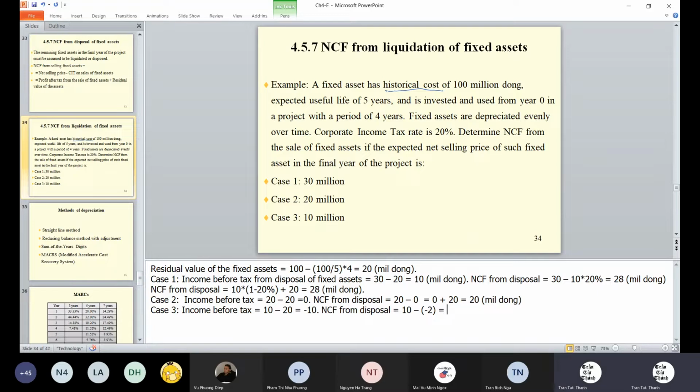The second way is to take the income after tax, which is that one, times 1 minus 20%, plus 20, which is the residual value. Both of them would give you $12 million. So by both ways, you get $12 million.